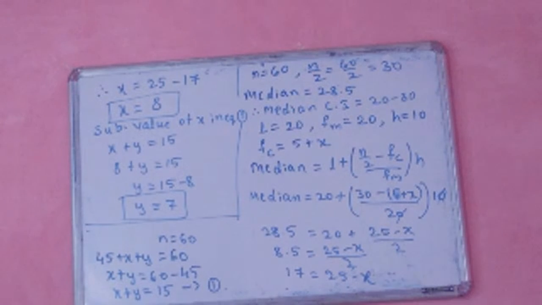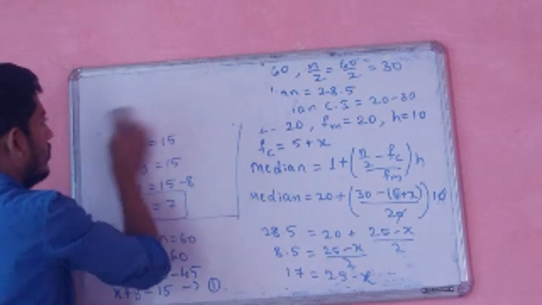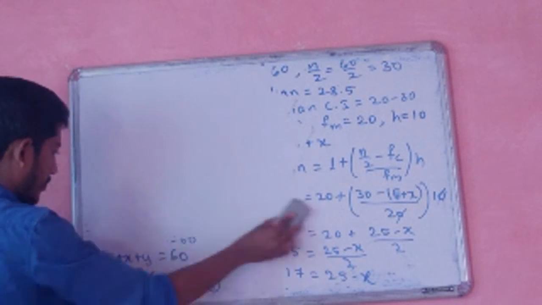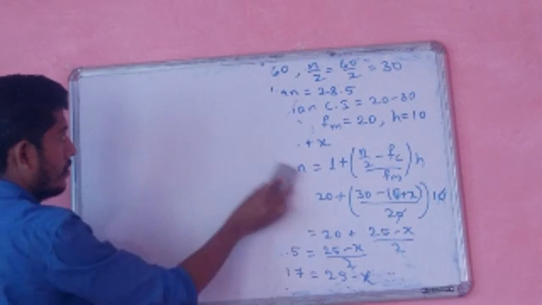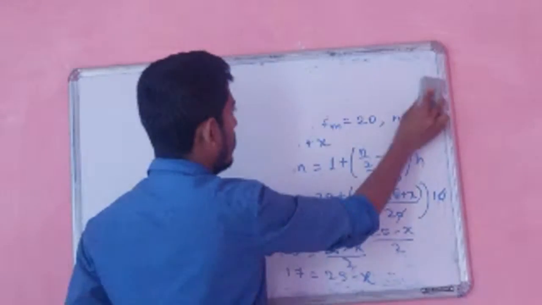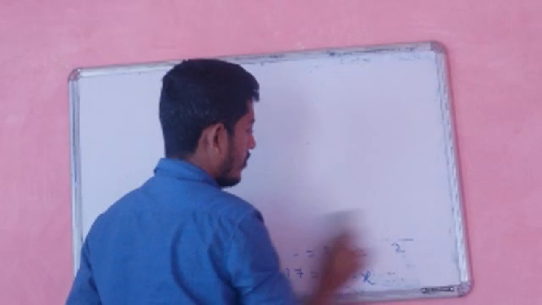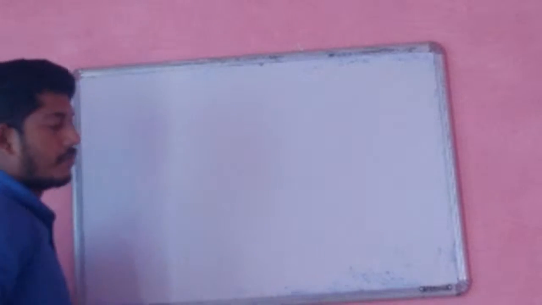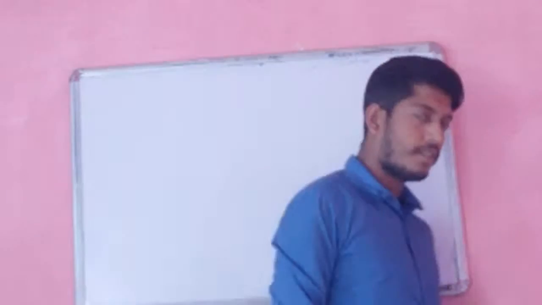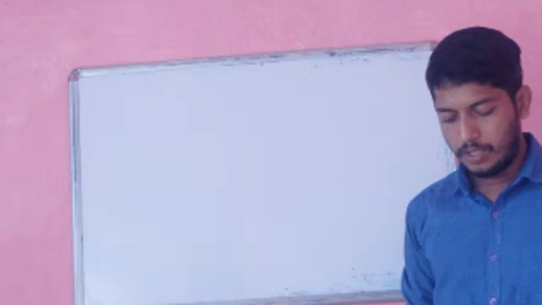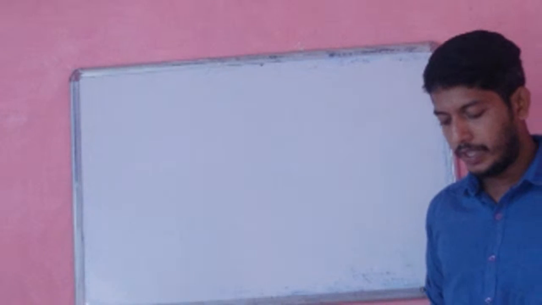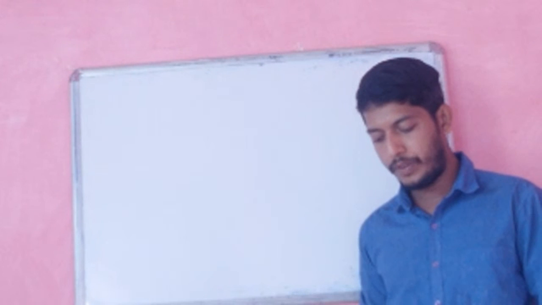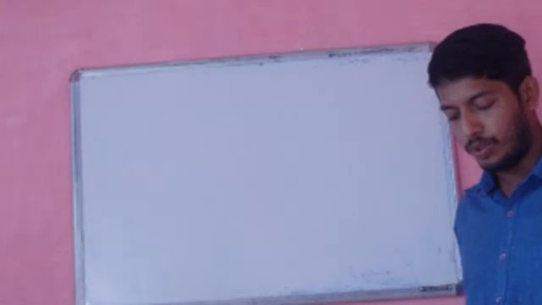Then I will solve the next problem. In the next problem, that is the third problem, a life insurance agent found the following data for the distribution of ages of 100 policy holders.